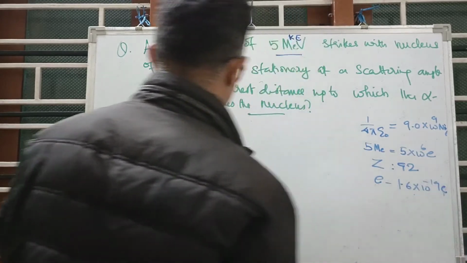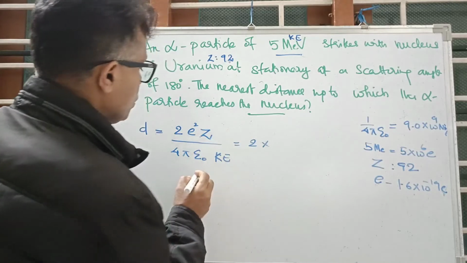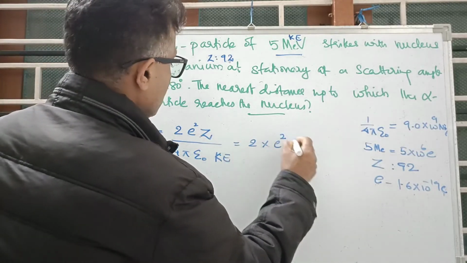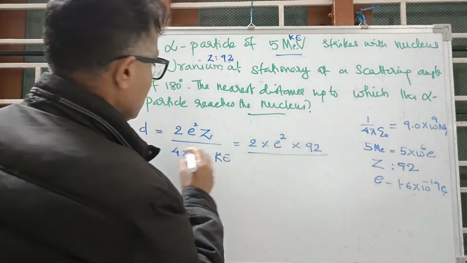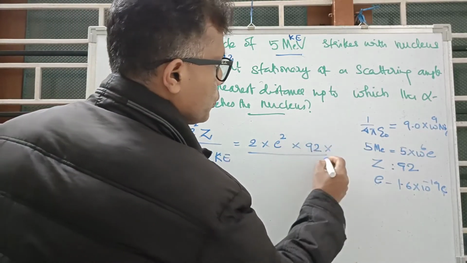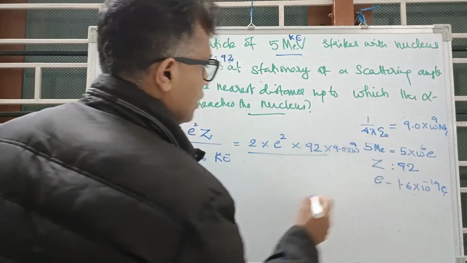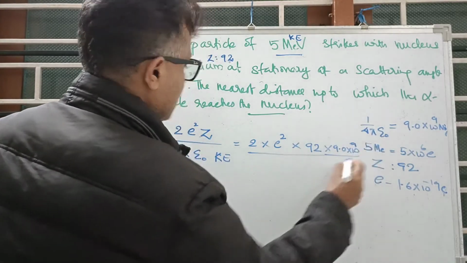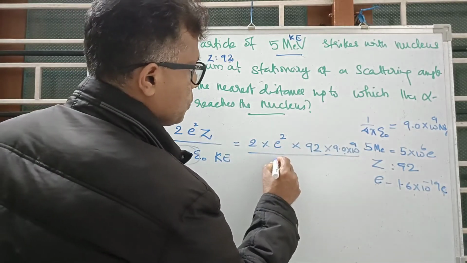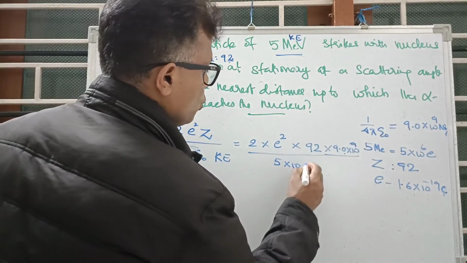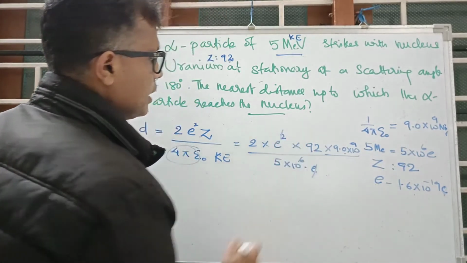coulombs. Clear now? So we'll apply here 2 into this E square into Z is 92, into 9.0 into 10 raised to 9, divided by kinetic energy, which is 5 into 10 raised to 6 into E. So this E gets cancelled.